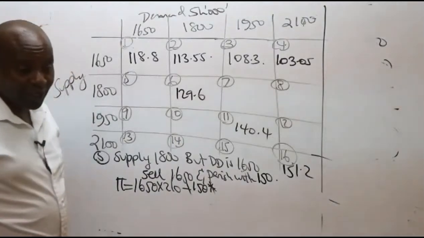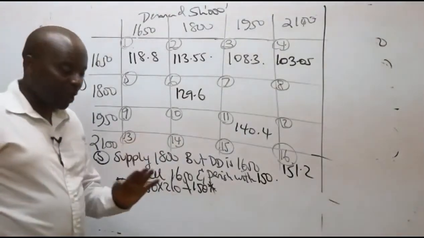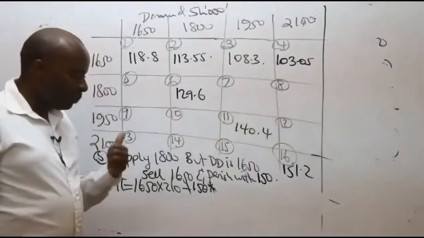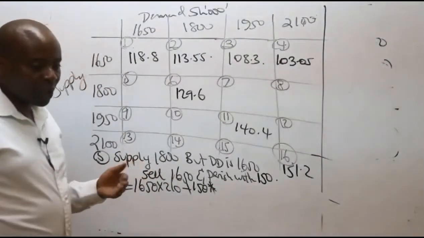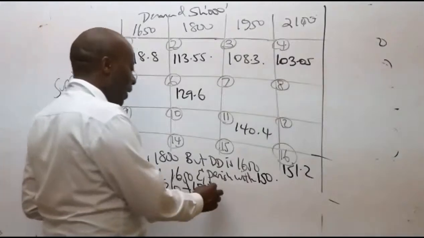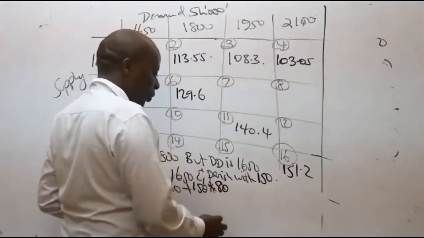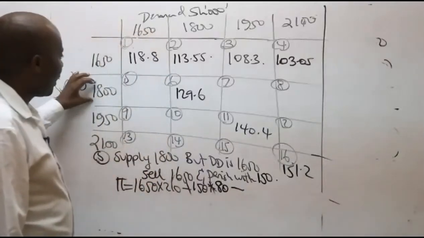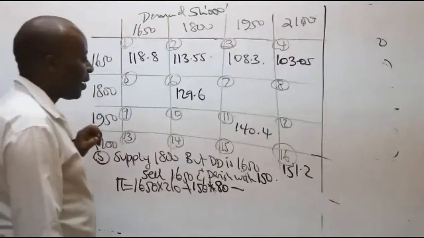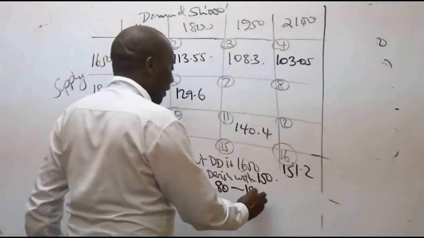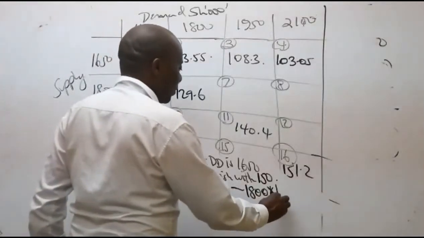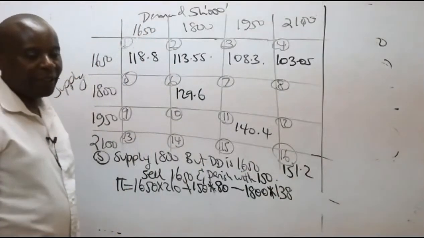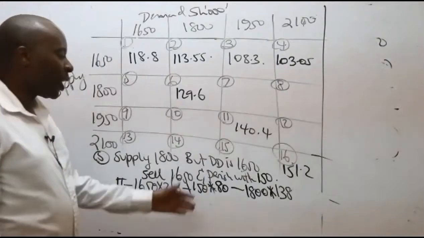Once we are not able to sell them on that particular day, we perish with them, we'll be able to fetch a lower price, 80, I'm being told. So that is revenue. Minus cost, of course, I will incur cost for the entire supply, which is 1800 times 138. So could you kindly give me this answer?